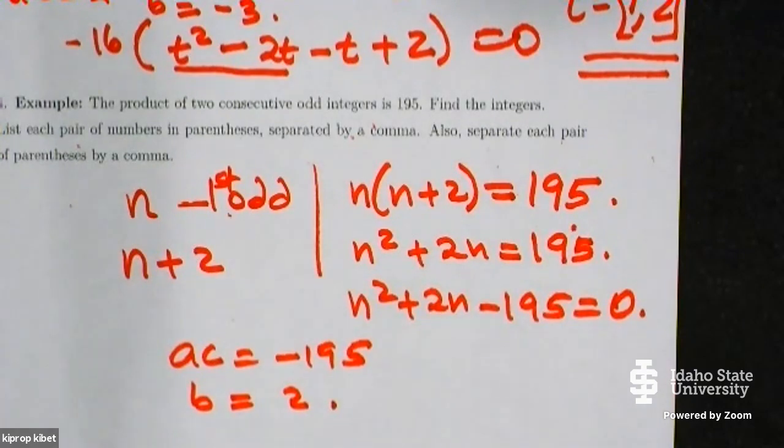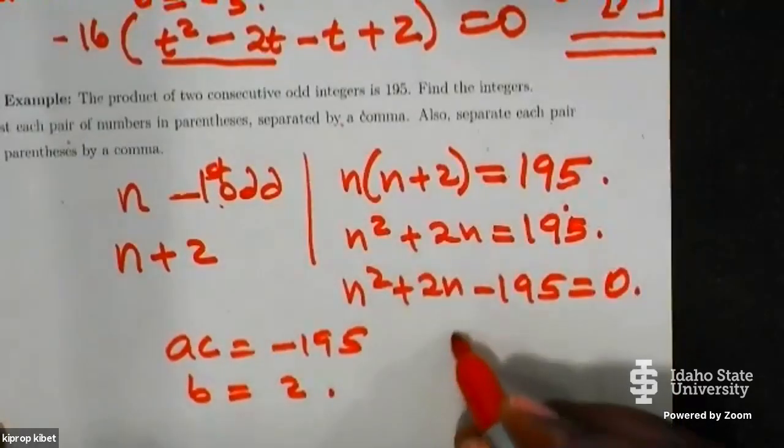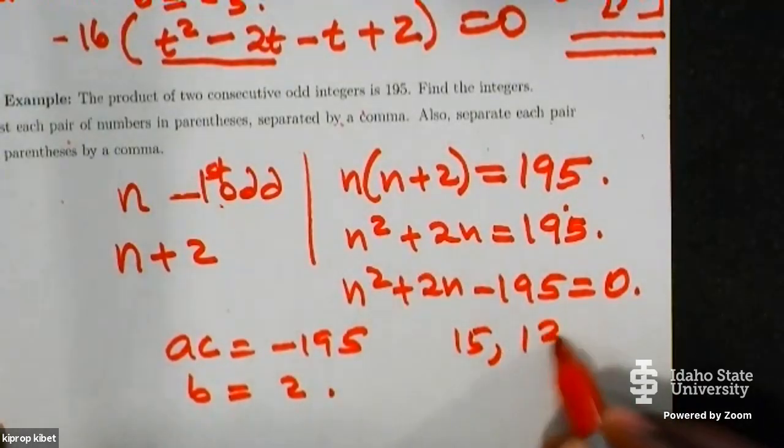So what are the two numbers? So I got 15 and 13. So when you say 15 times 13 is what? 195. So the two numbers are 15 and 13.